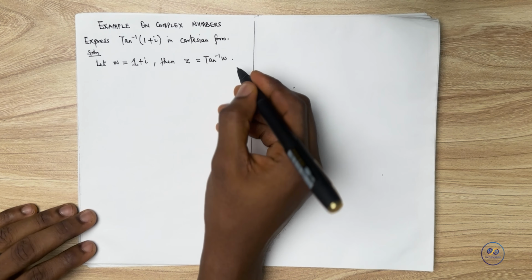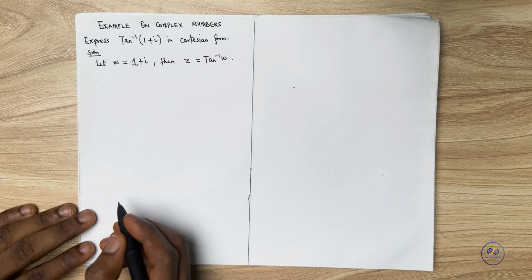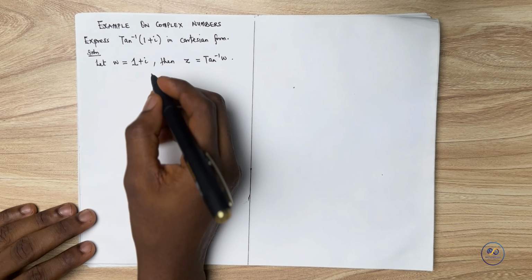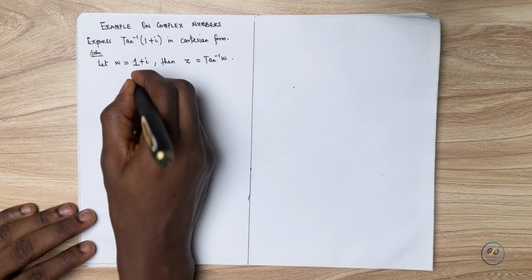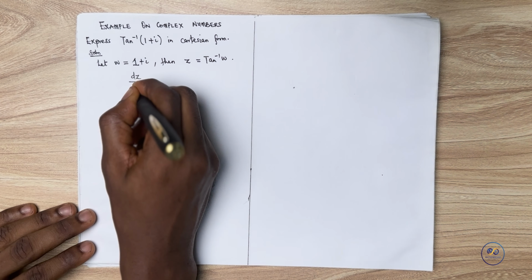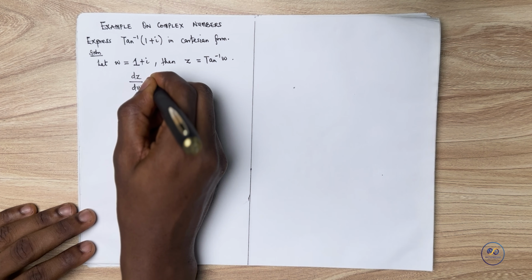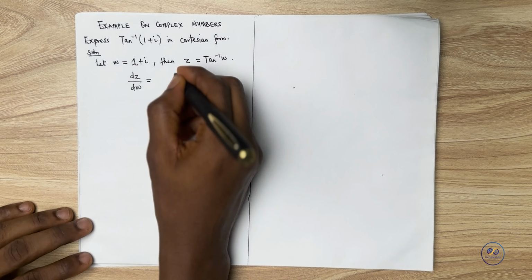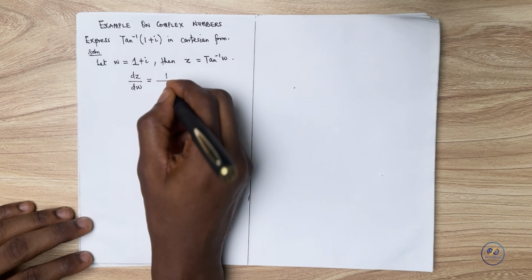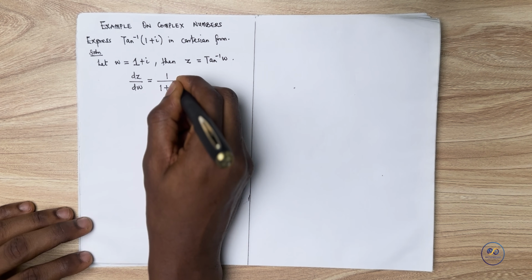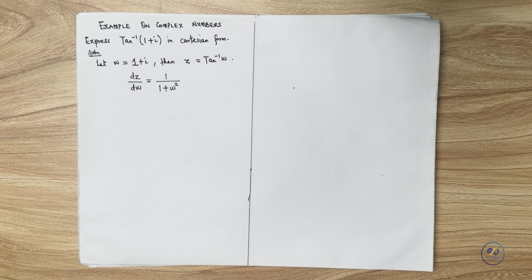If Z can be written as arctan of W, then by the concept of differentiability, we would have that dz divided by dw would, of course, give us 1 divided by 1 plus w squared. This is a standard differential for the arctan function.